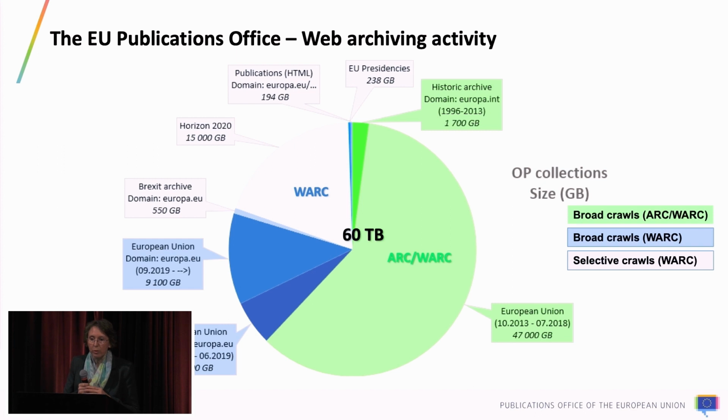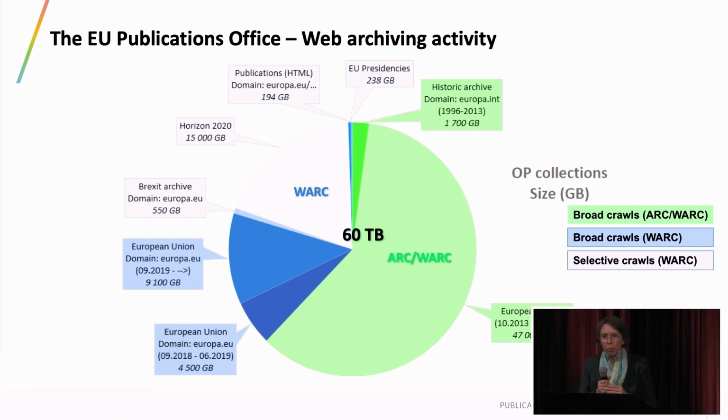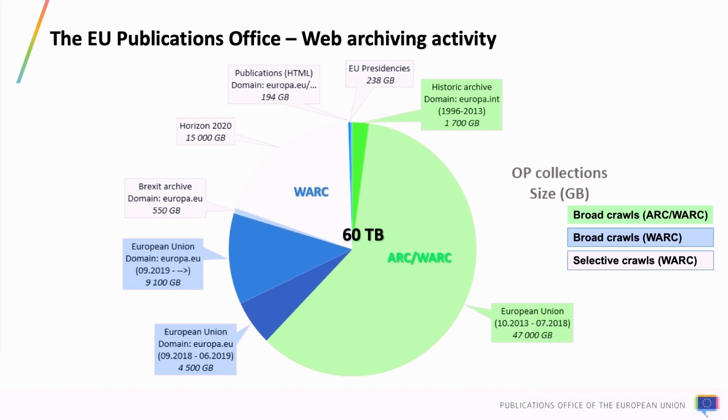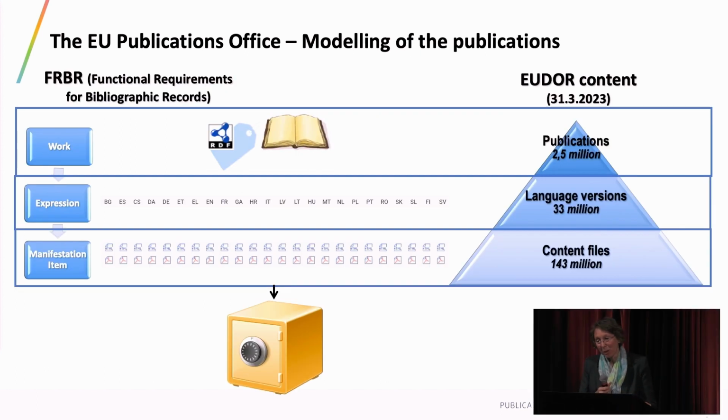The dark blue is the broad crawl, so the europa.eu domain, and the light blue are topical or selective crawls that can cover other websites. But you see that we have a global amount of 60 terabytes, which is small if you compare it to Internet Archive, but for us it's already a lot, because it's more than what we have actually in our long-term preservation.